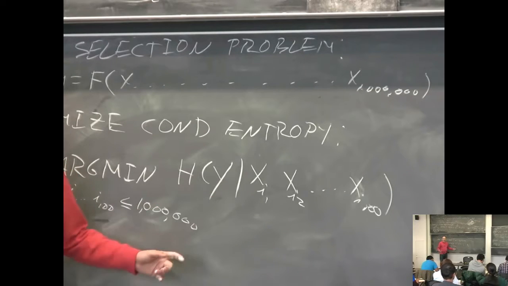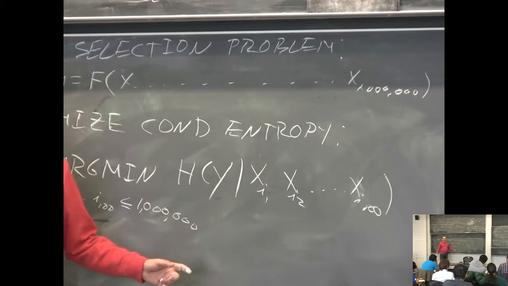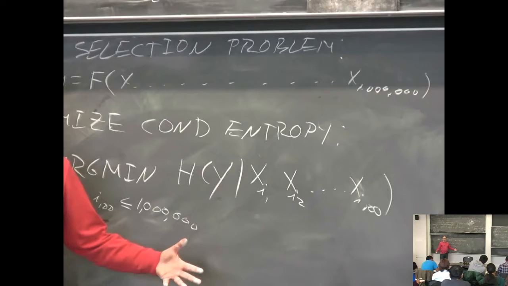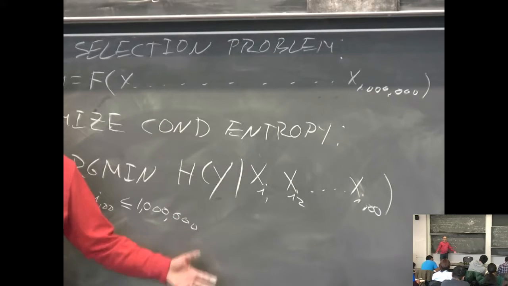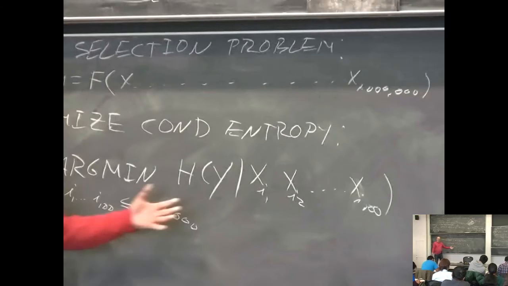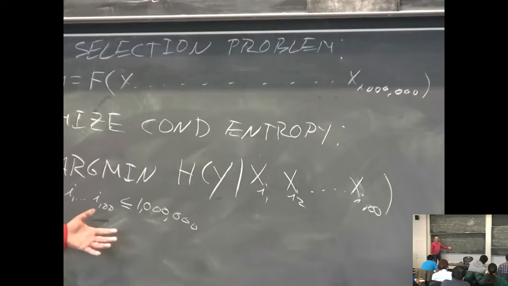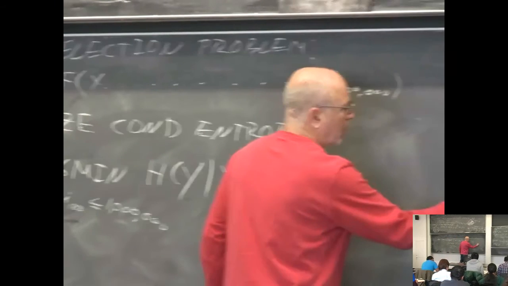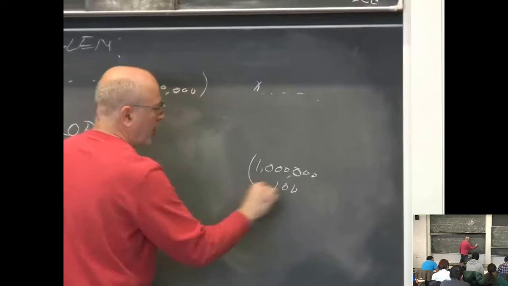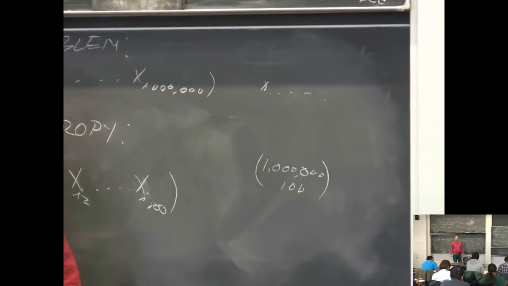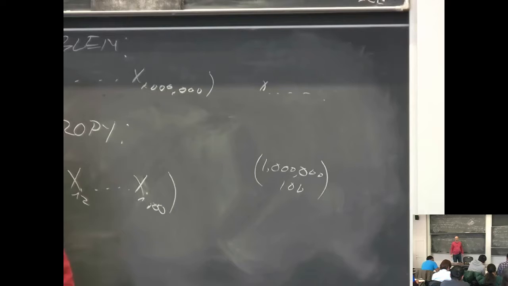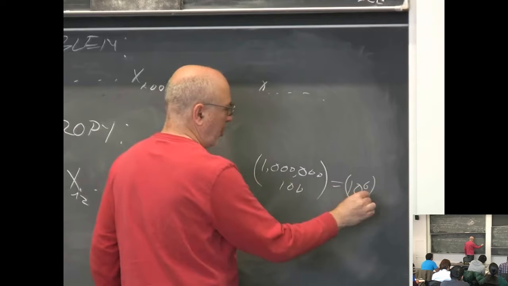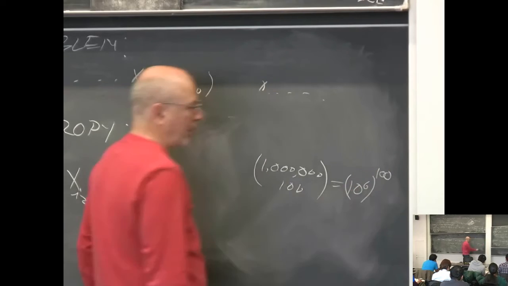So the number 100 came from the outside, maybe from considerations of computation or of some prior belief about how this function really works, or from anything. But the problem is combinatorial, because there are 1,000,000 choose 100 possible solutions to consider in the minimization, right? And that's about on the order of 10 to the 6, to the power of 100, roughly.